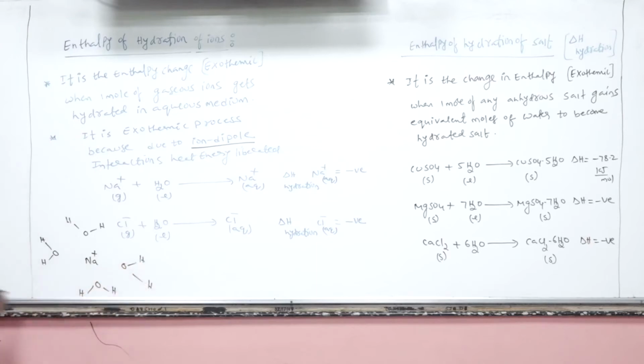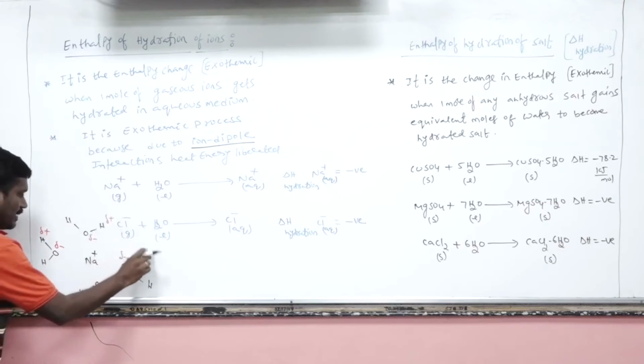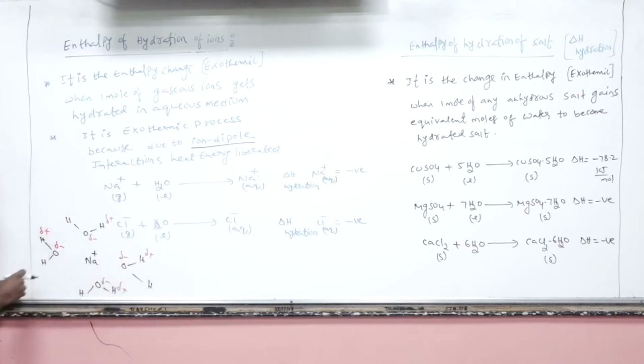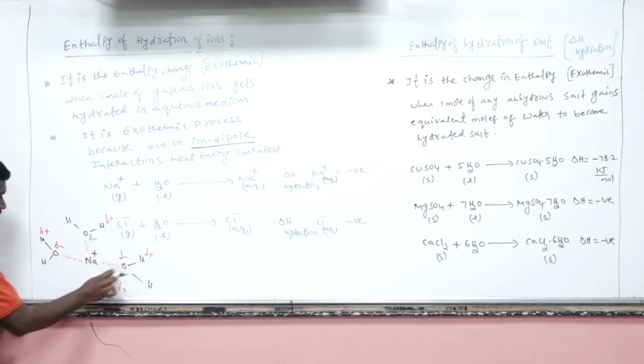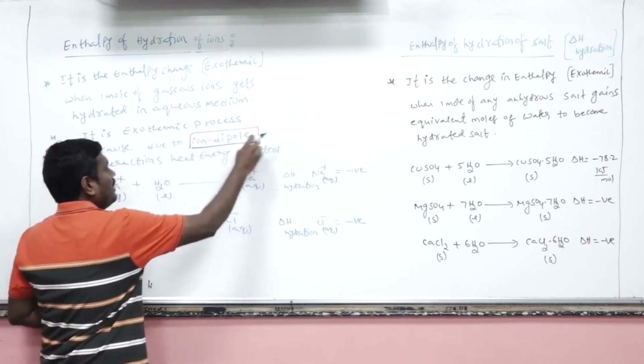We know like charges repel, unlike charges attract each other. This cation is surrounded by the polar solvent molecule water, so there is an interaction between the positive ion and the negative charge. This is called ion dipole interaction.